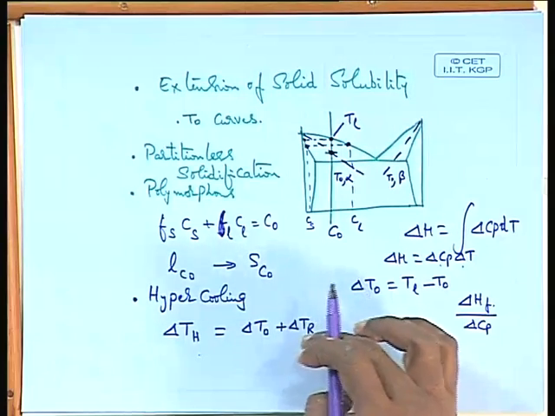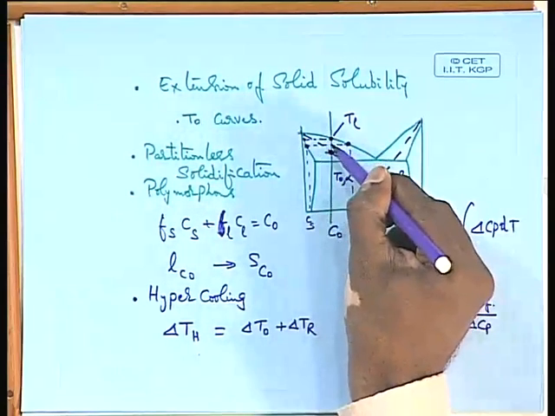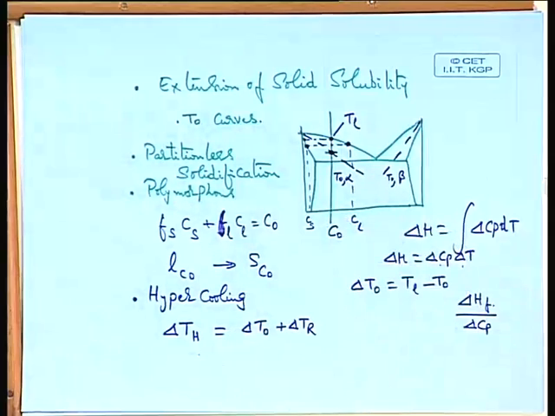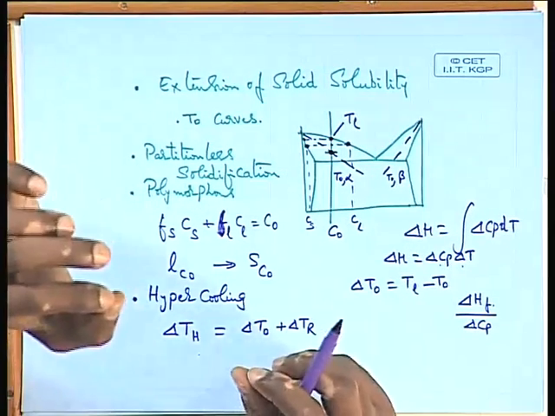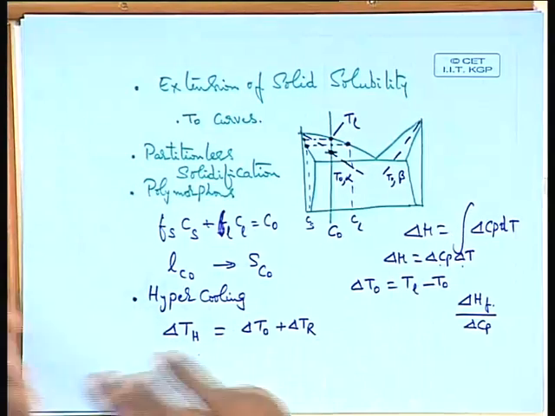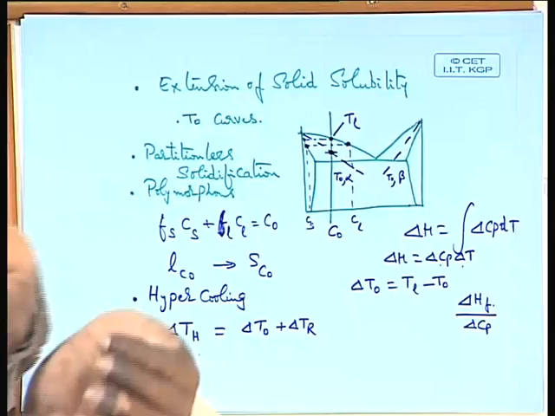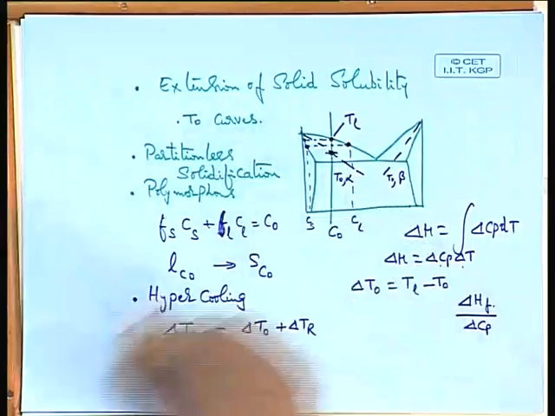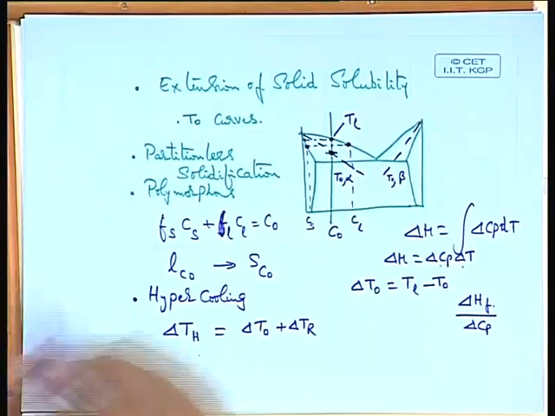What is this recalescence? We know that when a liquid gets undercooled and a solid is nucleated, the moment solid is nucleated there is heat which is released, and once the heat is released, the liquid which is surrounding that solid which has nucleated, its temperature will go up, and if it goes into the regime above the T naught, then obviously partitionless solidification cannot occur.